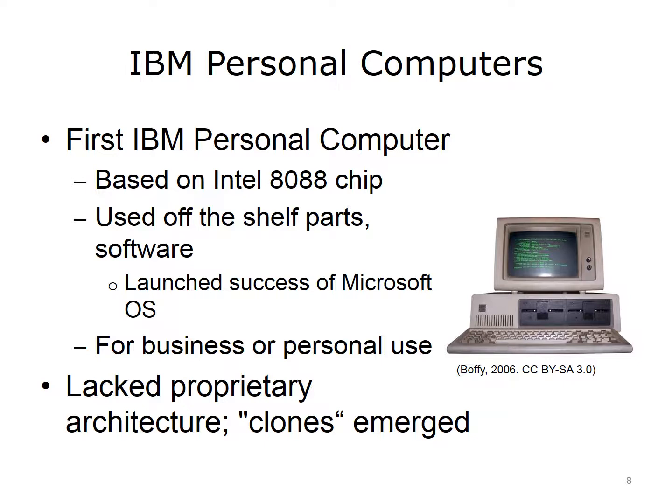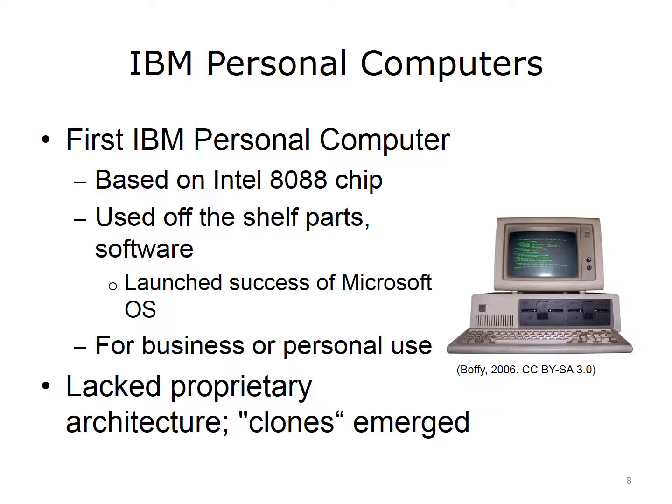IBM knew that in order to be competitive, they had to be quick. They didn't have time to develop their own hardware and software, so instead, they used parts that were already available. The first IBM PC was based on the Intel 8088 chip. It used off-the-shelf parts and software, including compilers and operating systems from Microsoft.